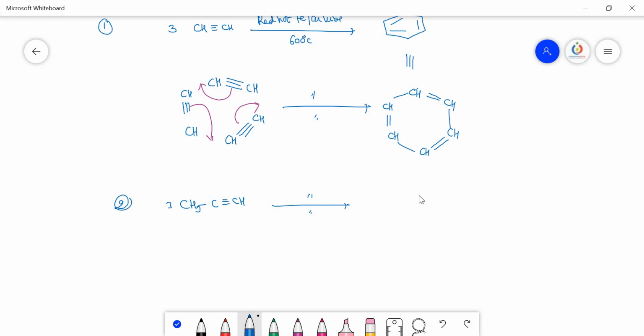So like that you will get the benzene molecule with CH3 groups located on alternative positions. This is called mesitylene. One name is 1, 2, 3, 4, 5, 6: 1, 3, 5 trimethylbenzene is called mesitylene.